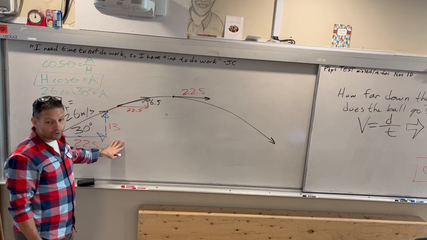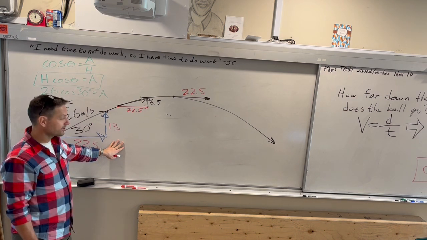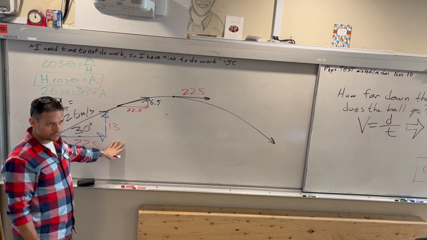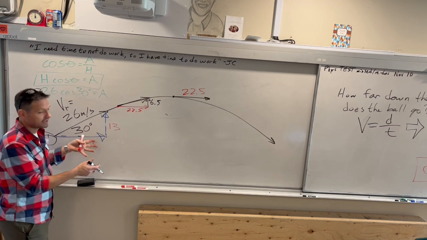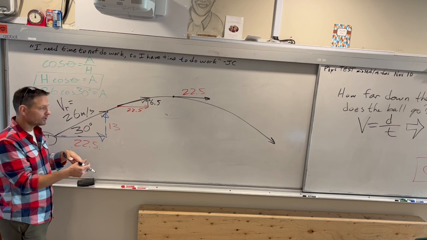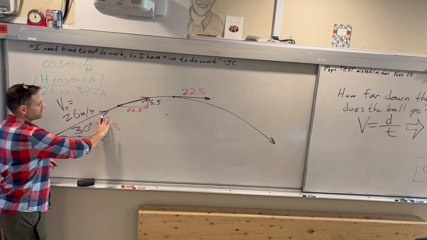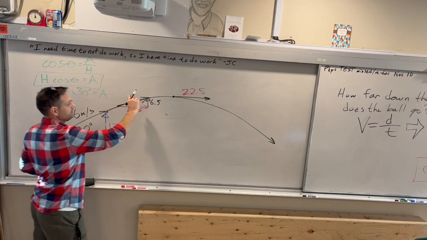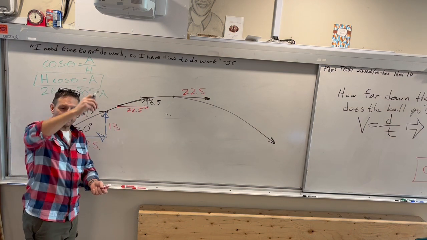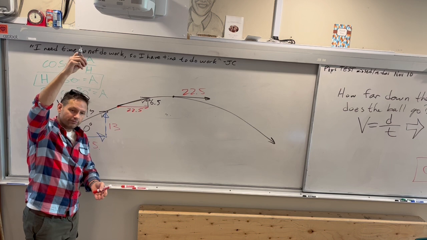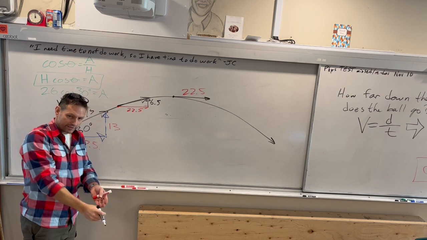For those of you who are trying to grasp this, this is actually a really good exercise. You're seeing this velocity shrink, just like it does if you kick it straight up, right? You're just slowing down, going to 0, falling back down, speeding up on the way back down.